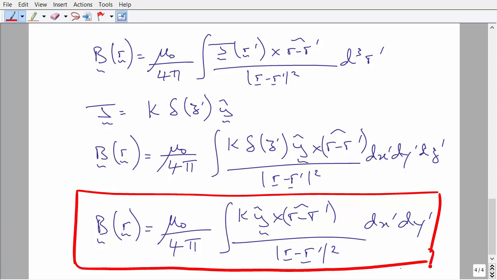Okay, so there is our formula now for the two-dimensional situation, the particular one that we studied, but you'll notice that we were able to use our three-dimensional result and our understanding of delta functions to adapt our three-dimensional result to what is actually a purely two-dimensional situation.